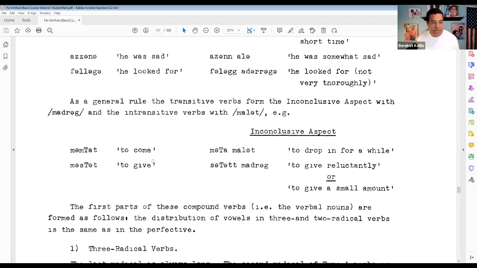So you see here two examples, mamtat and mustat, to come, to give: mata malat, to drop in for a while, and then tsatat madrak, to give reluctantly, or to give a small amount.